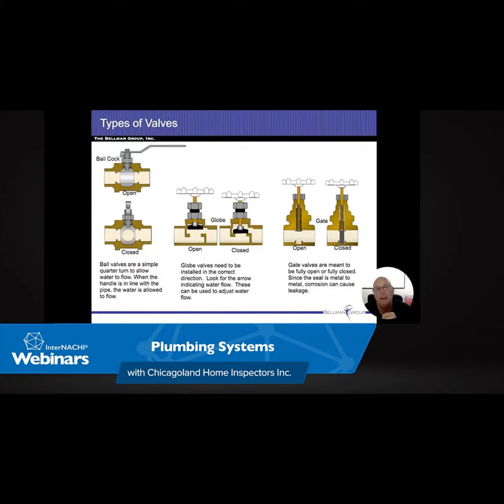So if I put these in multiple alignments, or basically in series, I can increase the pressure and increase the flow by putting them in line with each other. I couldn't do that with a positive displacement pump or a piston pump.